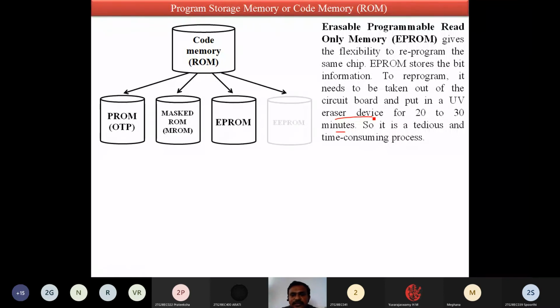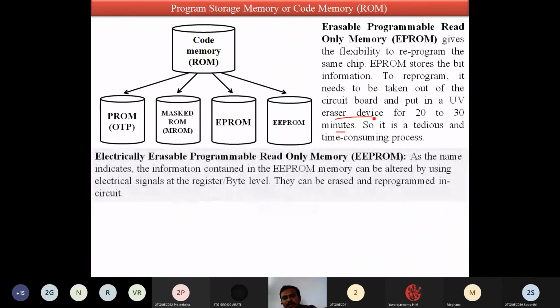Then comes EEPROM. What is this EEPROM? Electrically erasable programmable read-only memory. Here the difference is that you can reprogram EEPROM within the device, within the embedded system.